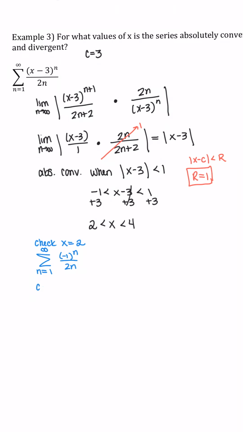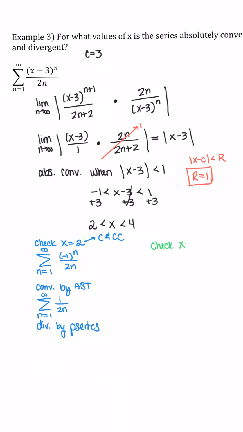I know that this is going to converge by the alternating series test, but then I need to consider its absolute convergence. So when I take the sum from n equals 1 to infinity of the absolute value, I would have just a 1 over 2n. And I know that this diverges by p series, because we've already done it here in these notes. So therefore, at x equals 2, it is convergent and conditionally convergent, but not absolutely convergent.